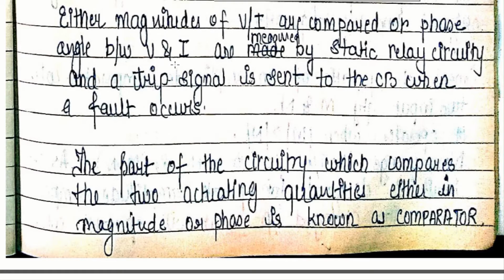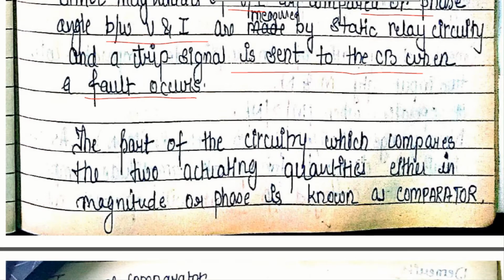Now, in the static relay circuitry, basically, either the magnitudes of voltage or current are compared, or the phase angle between the voltage and the current is measured, and with this measurement, a trip signal is sent to the circuit breaker whenever a fault occurs.